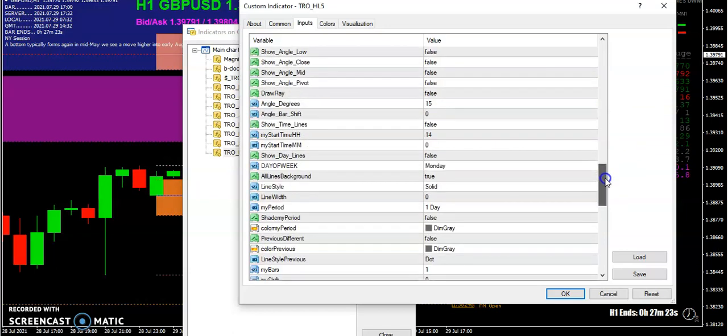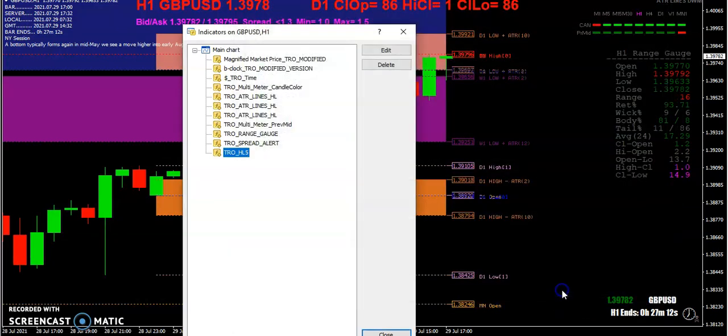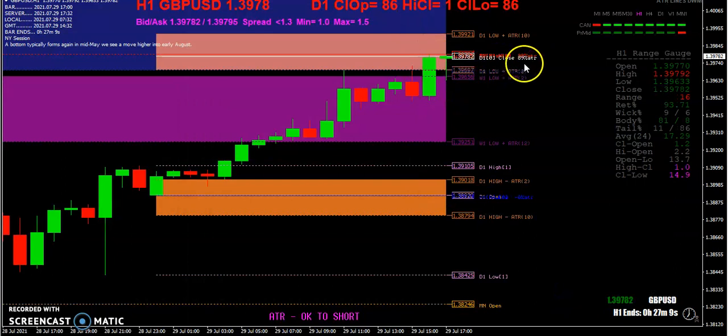And then you come down here, my period 1 day, once again, my bars 1, my shift 0. So just for today, and then it shows you what the distance is in ATR%. So now we're at 88 ATR. So that's one way of analyzing a chart, with the ATR or ranges.